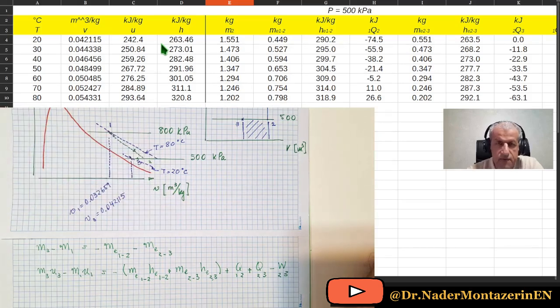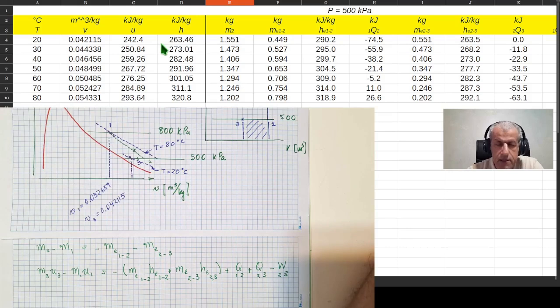But if we just lose mass and energy and heat transfer out of the cylinder piston device, then our point 2 would be between 80 degrees C and 20 degrees C.